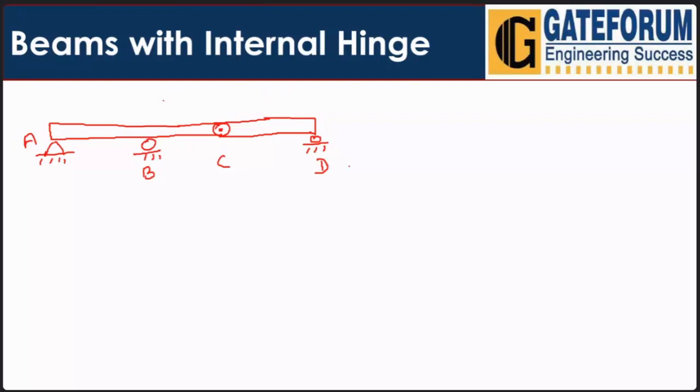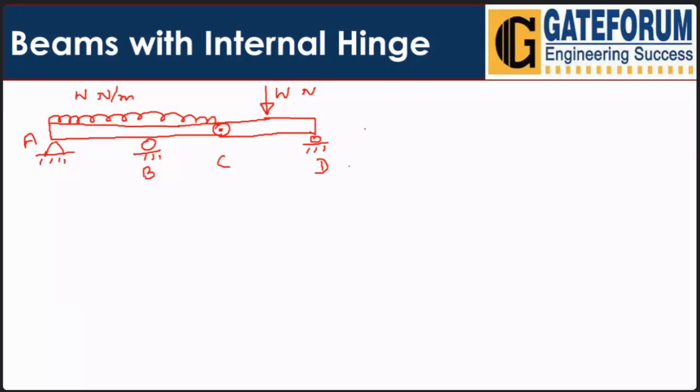Suppose some value of load W is acting here, and some UDL is acting on the first beam, that is W Newton per meter.